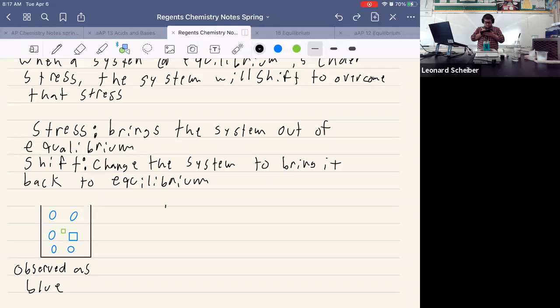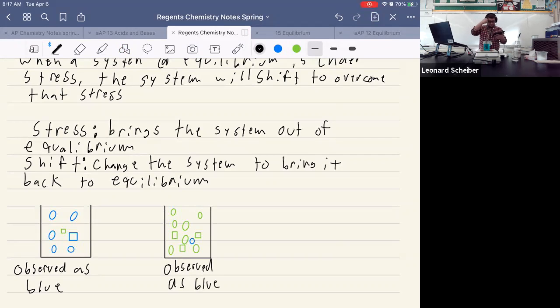If we have a beaker and we have a lot of green molecules, and one blue, this is going to be observed as green, right? So the more blue we see, the more blue molecules there are, the more green we see, the more green molecules there are.